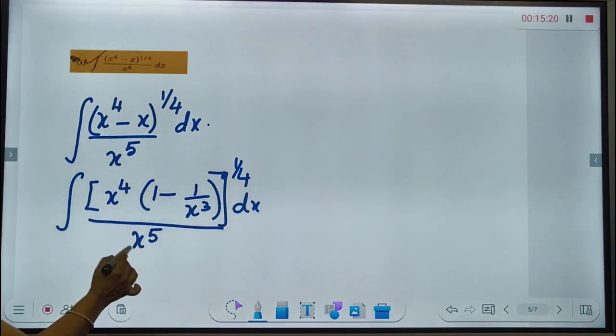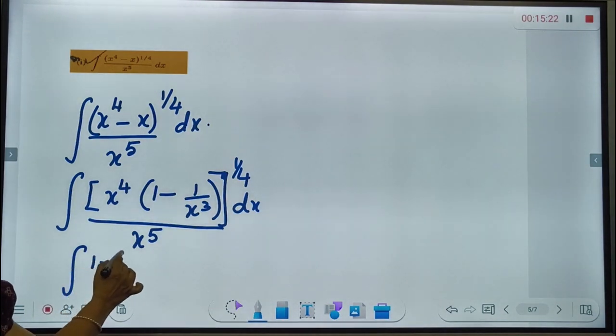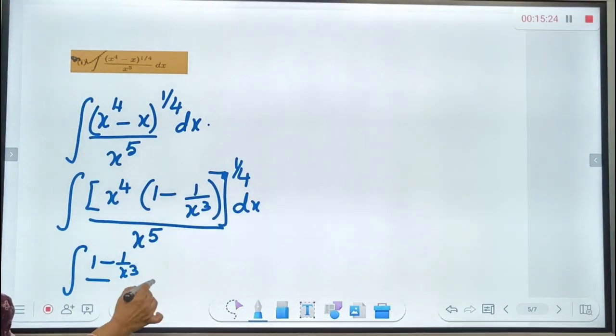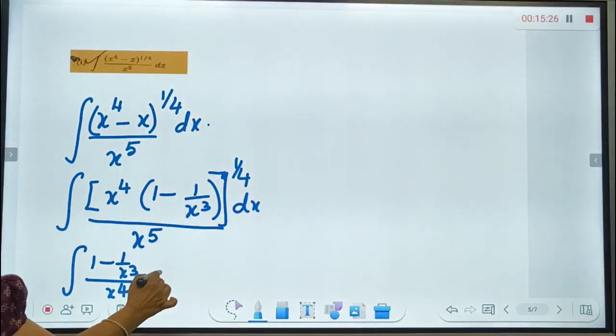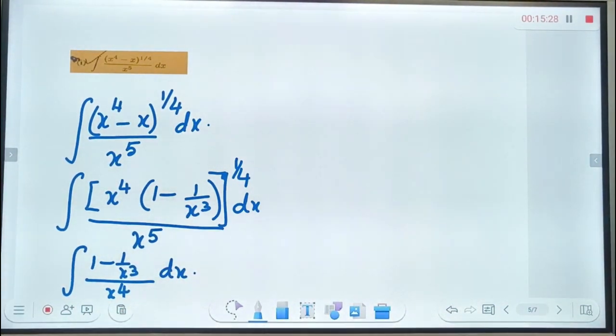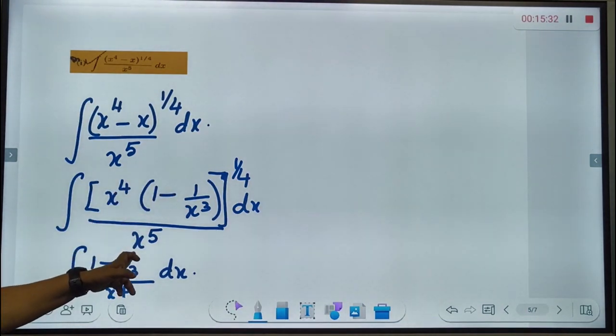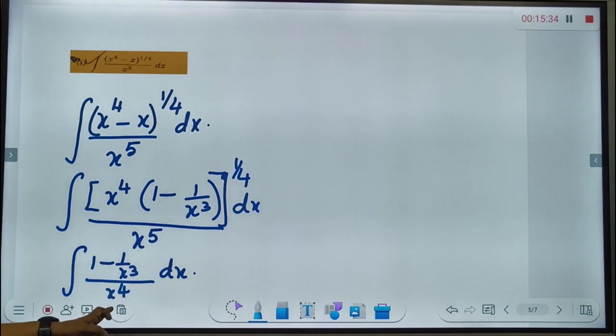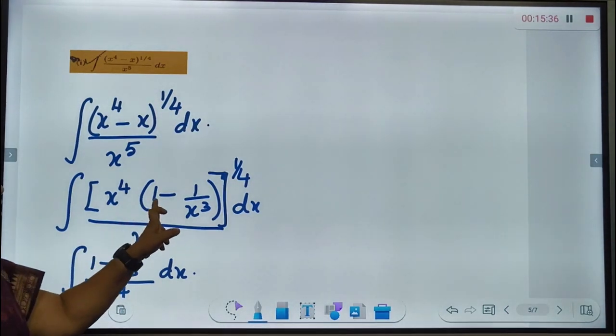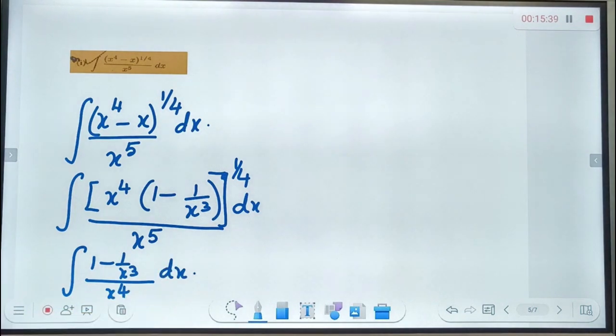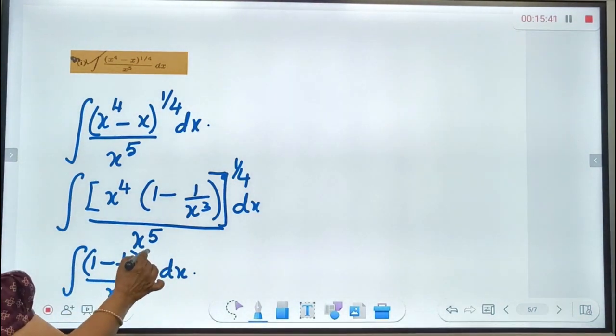So the denominator will become 1 minus 1 by x cube by x power 4 dx. Why is this? Because x power 4 to the power 1 by 4 is x. X gets cancelled off with x by 5. So denominator becomes x power 4. Numerator, you are left with 1 minus 1 by x cube raised to the power 1 by 4.